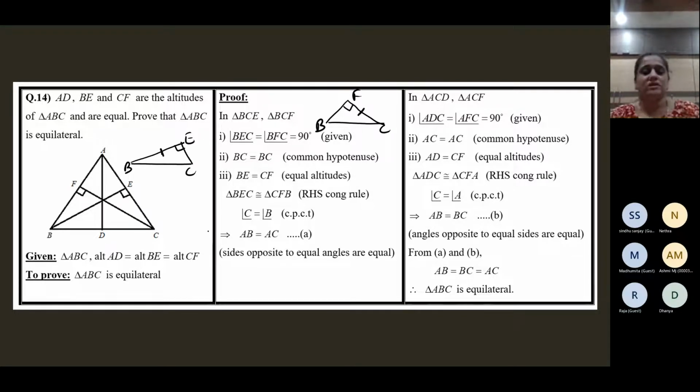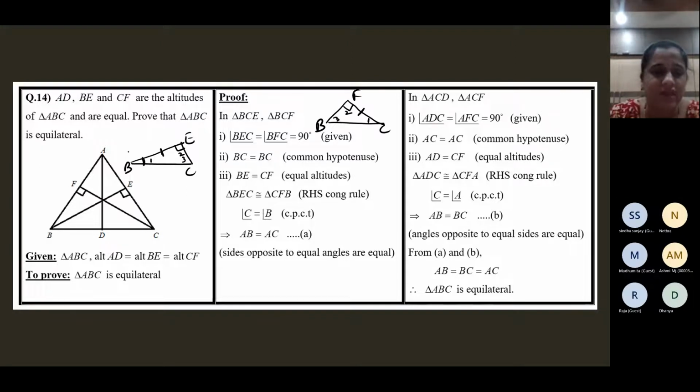Now see here, in BEC, you mark, this is B, first angle. This is E, the second, okay, let me mark 1. This is the second angle, 2. This is C, this is the third angle, 3. In this triangle, CFB, C is 1, F is 2, and B is 3.